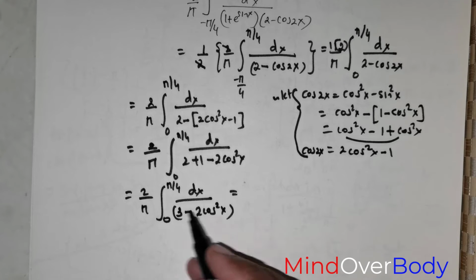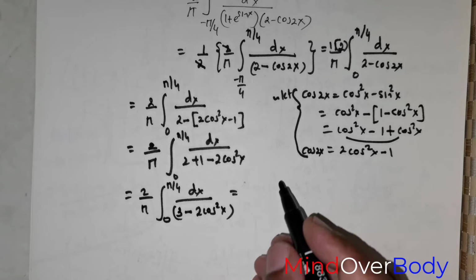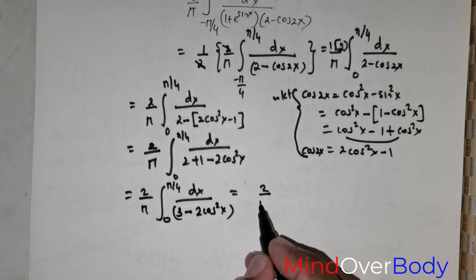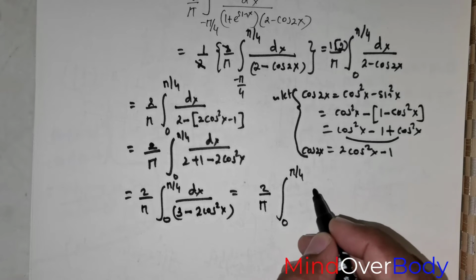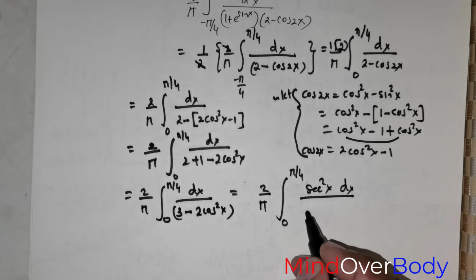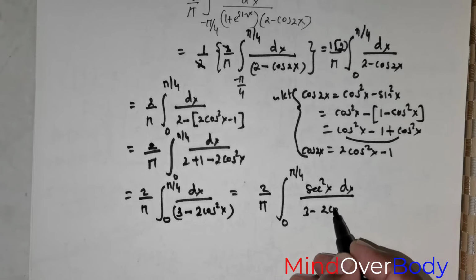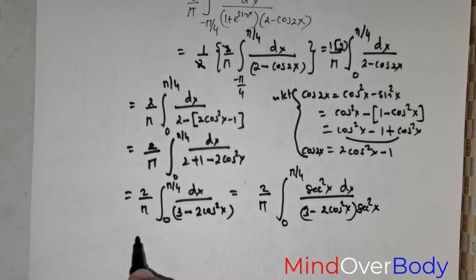Now I'm going to multiply the numerator and denominator by secant squared x. So this is 2 over pi, the integral from 0 to pi over 4 of secant squared x in the numerator, divided by 3 minus 2 times cos squared x times secant squared x in the denominator.